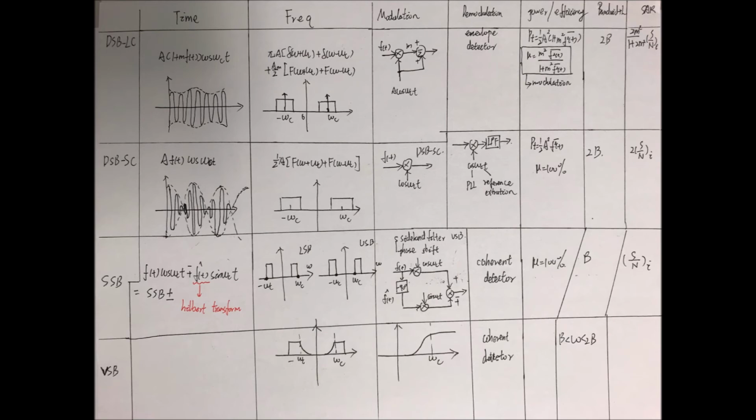If I sketch it, the envelope of my signal will be very close to the message f(t), and inside is the oscillation of the sinusoid. All those envelope amplitudes are related to A and M. Remember how we calculate those things, right? So this is the time domain.